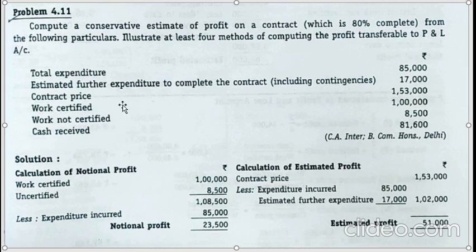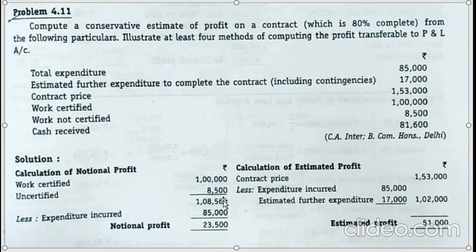The actual expenditure incurred is 85,000, plus 17,000 of further or future expenditure, which is estimated, which will give you 1,02,000. So contract price 1,53,000 minus the expenditure as well as the estimated expenditure of 1,02,000 will give you 51,000.